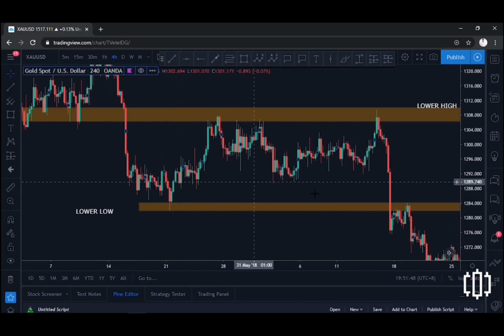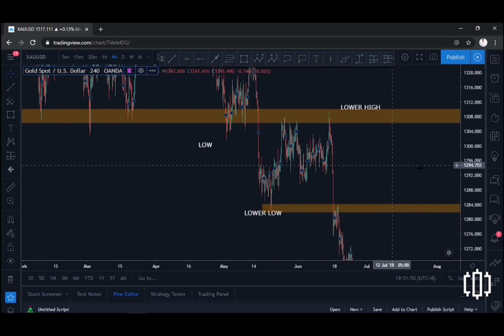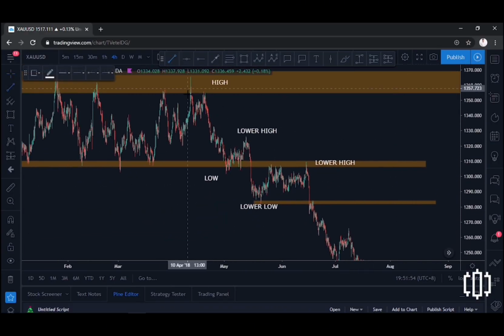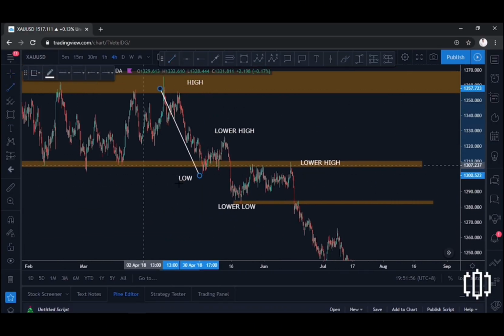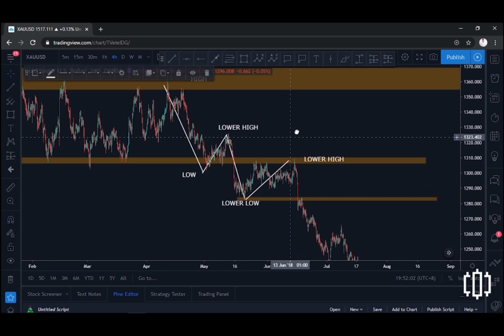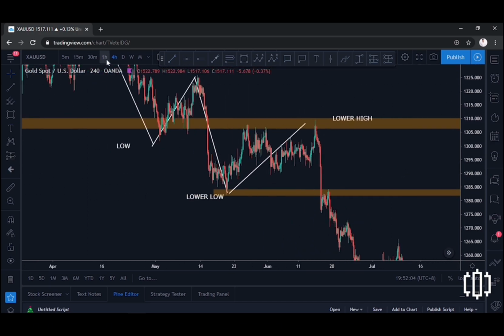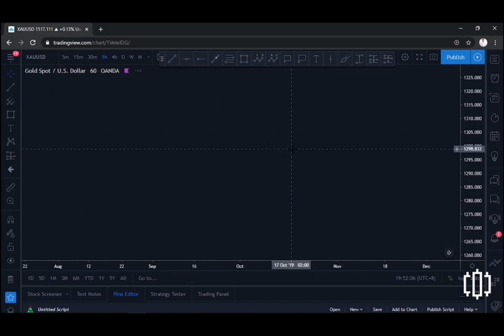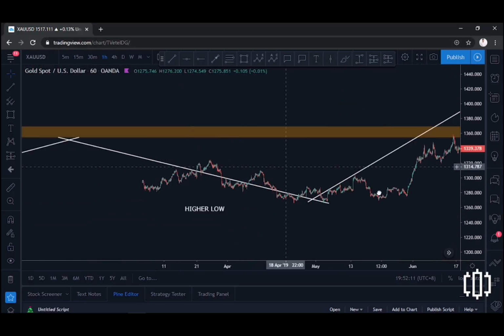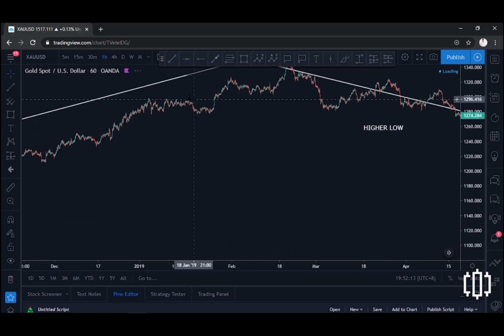O, itong maliit na to na lang. Sige, example ulit. Alright? Sample ulit. So, this is the push. This is the pullback. This is the push. This is the pullback. Okay? So, since ikaw, you are on the H1, kasi gusto mong kumuha ng opportunity inside, okay lang naman.